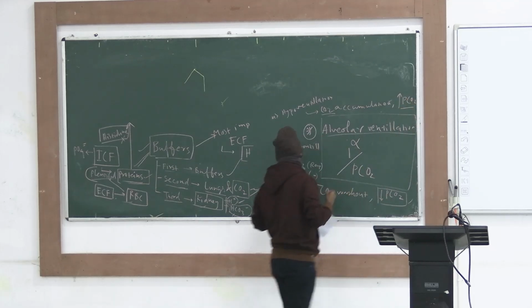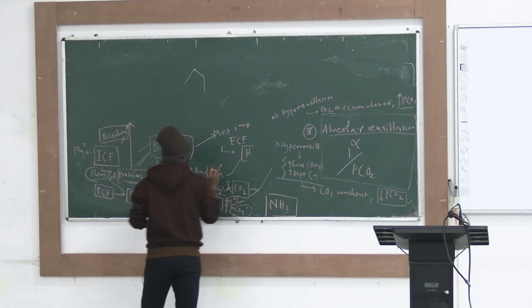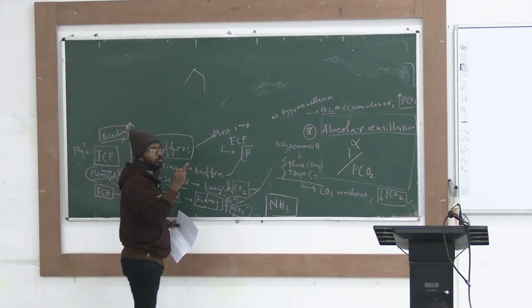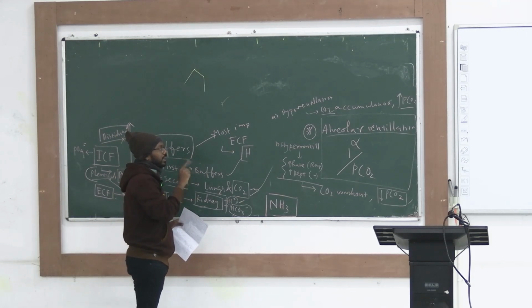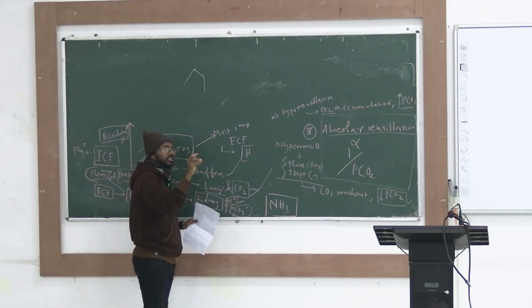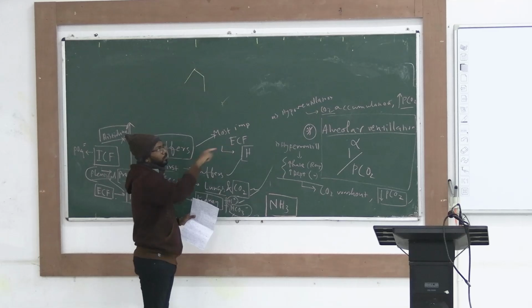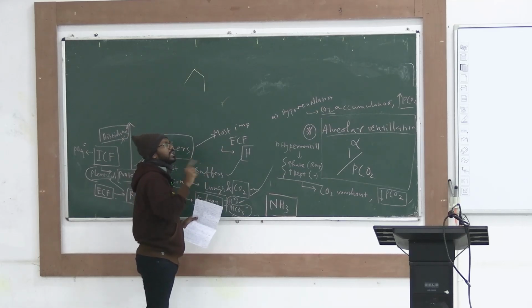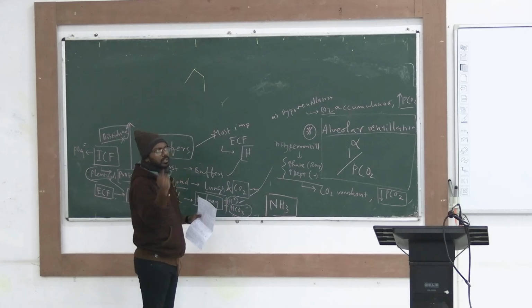Now you may ask, sir, why? The CO2 with water will form H2CO3 with the help of carbonic anhydrase. We will write this shortly. This happens in the kidney. With the help of carbonic anhydrase, CO2 combines with H2O to form H2CO3, which again dissociates into H2O plus CO2.